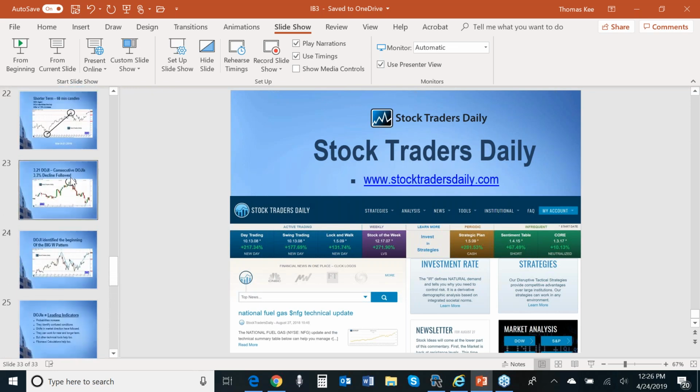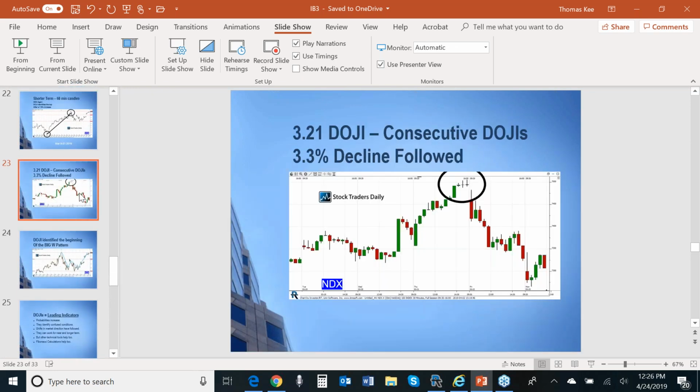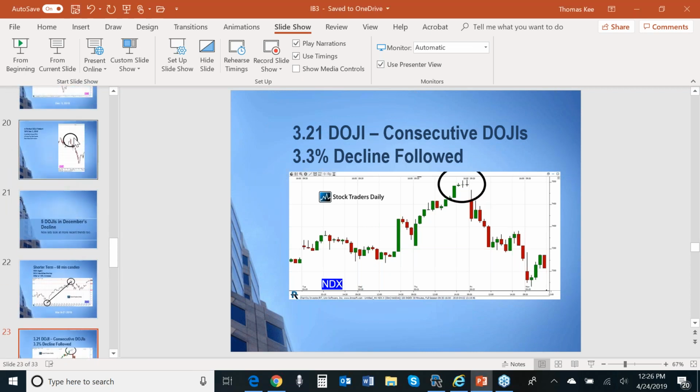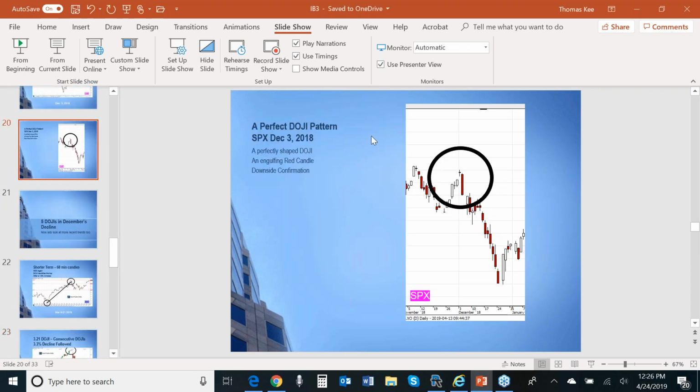I'm looking for the red engulfing candle that you asked for. And that's it. So you have your doji, and then you have a red engulfing candle there. And then you have another one as well here. I think this is probably the one that you were asking about specifically, because this is the perfect looking doji pattern. The reason that it's a perfect looking doji pattern is because the market was confused the week prior. Then it started the week, let's just say, within the boundaries of this candle leg.